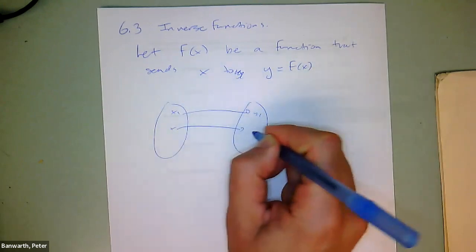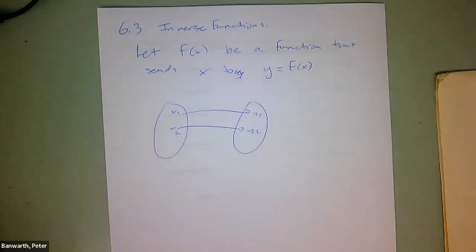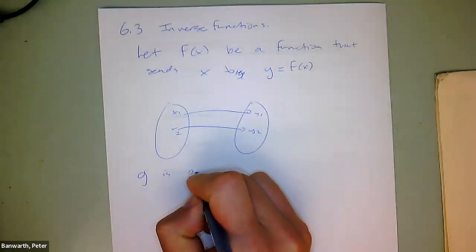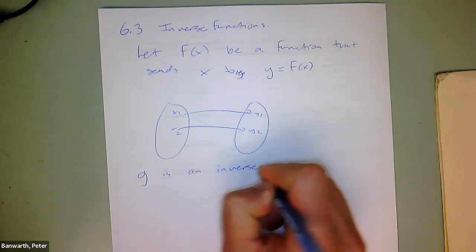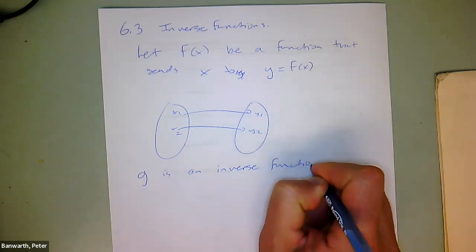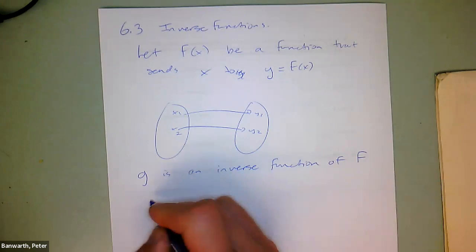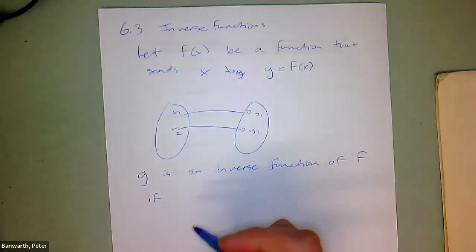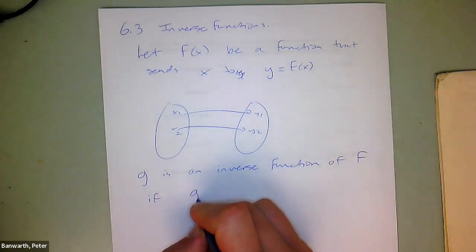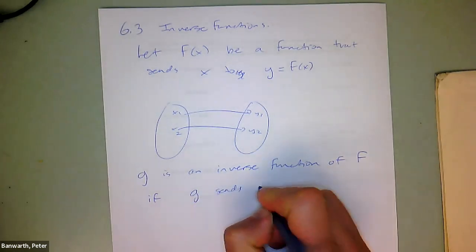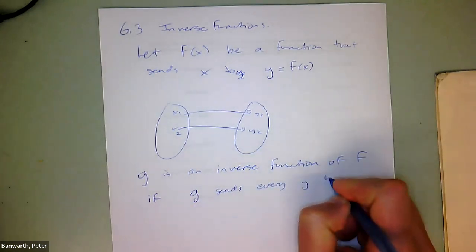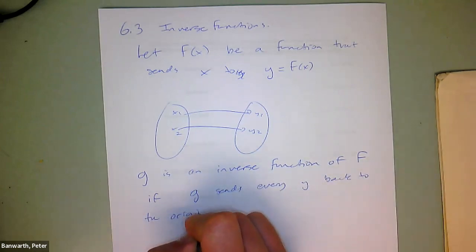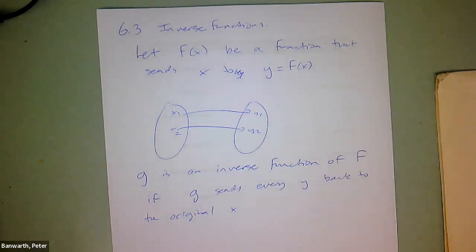Here's x2 goes to y2, etc. G is an inverse function of f if G sends every y back to the original x.